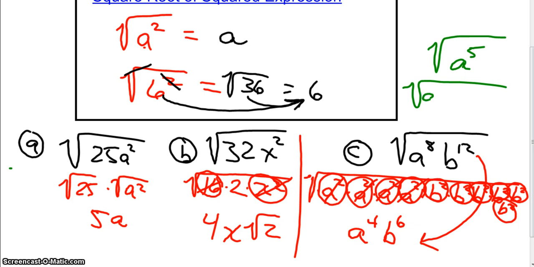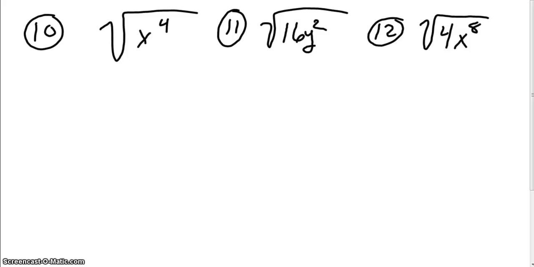Good job, Carly. So it's a squared times plain old a, right? So how many a's will I take out? 1, 2. So this will be a squared times the square root of a. Okay, so they're trickier when you have an odd number of factors. 1 stays in, okay?